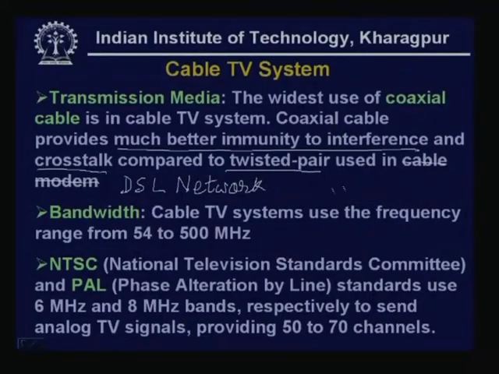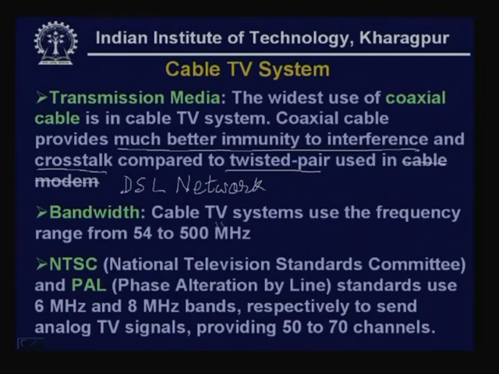That means the bandwidth of the twisted pair is not fully exploited because of the noise, interference, crosstalk, and so on. So, the actual bandwidth available is restricted, and as a consequence the available bandwidth is much less, and obviously coaxial cable used in your cable TV system provides you a better alternative and it gives you higher bandwidth.